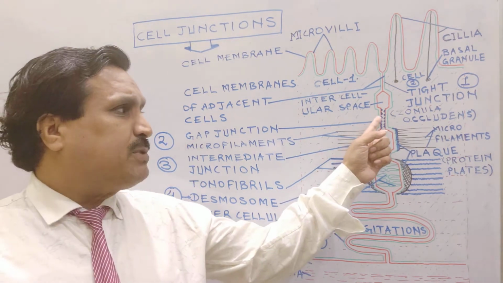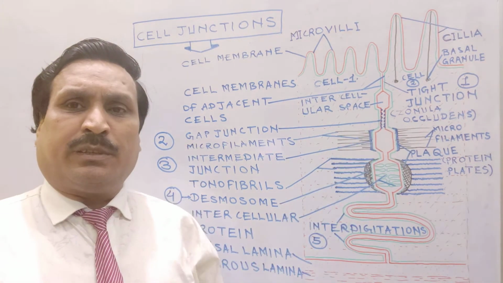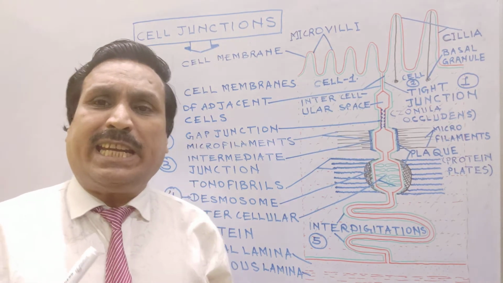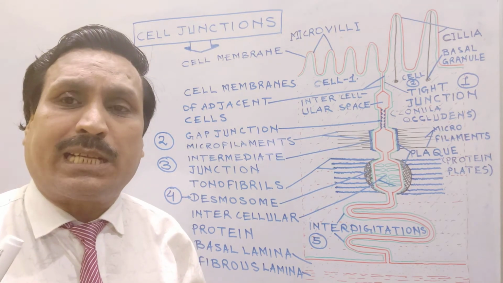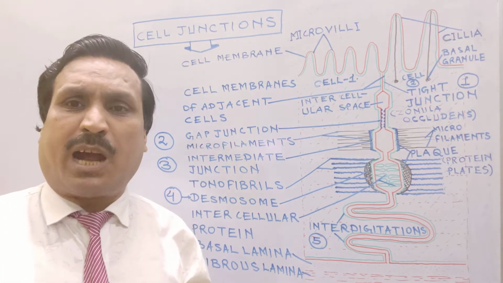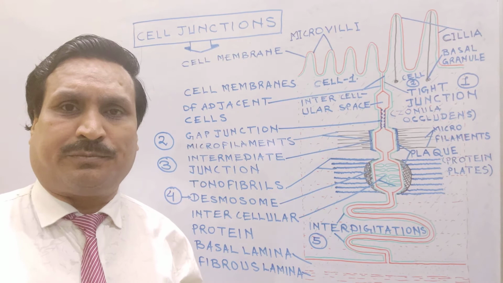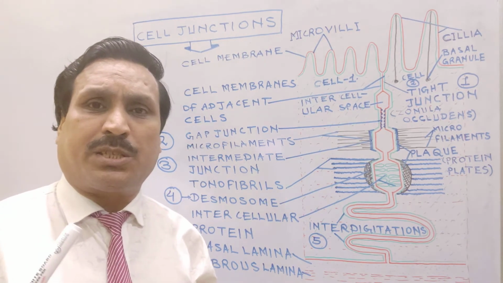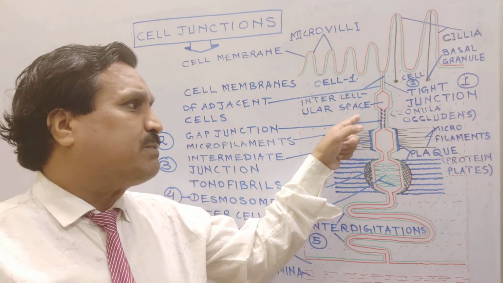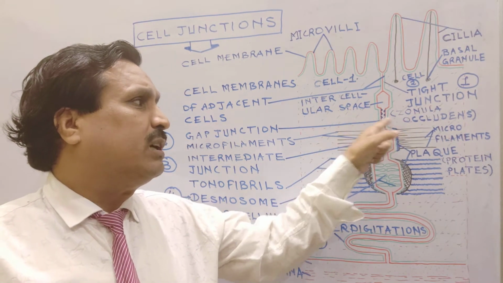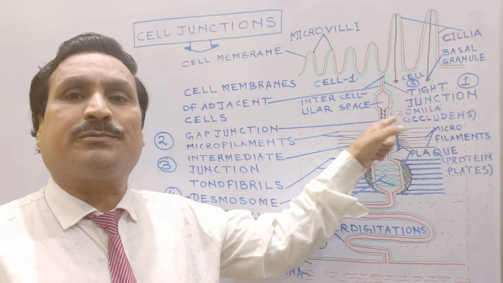In gap junction, connexin protein forms many tunnel-like structures which are called connexons. These tunnel-like structures, that is connexons, join the cytoplasm of both the adjacent cells.